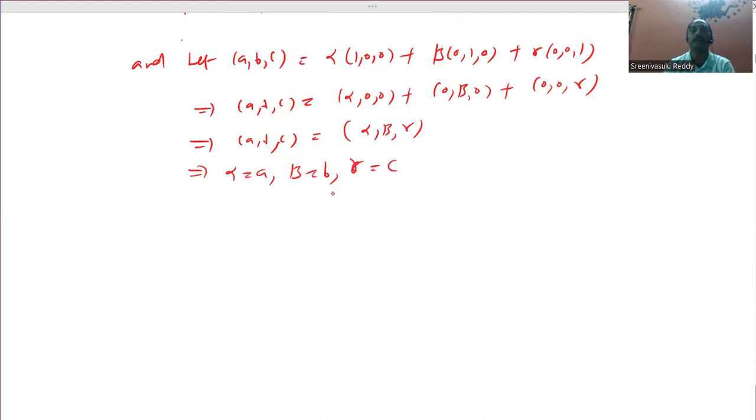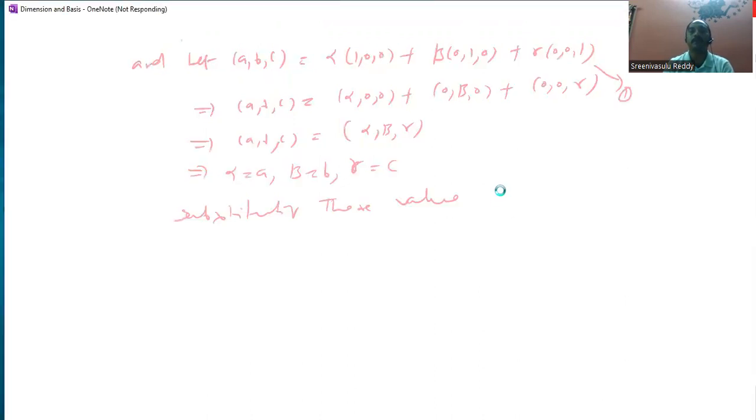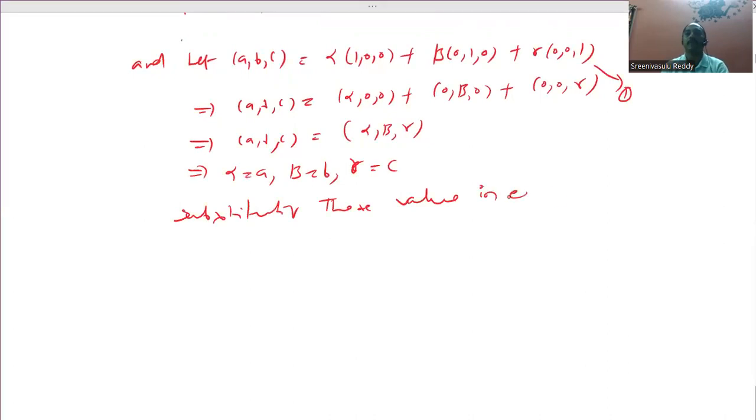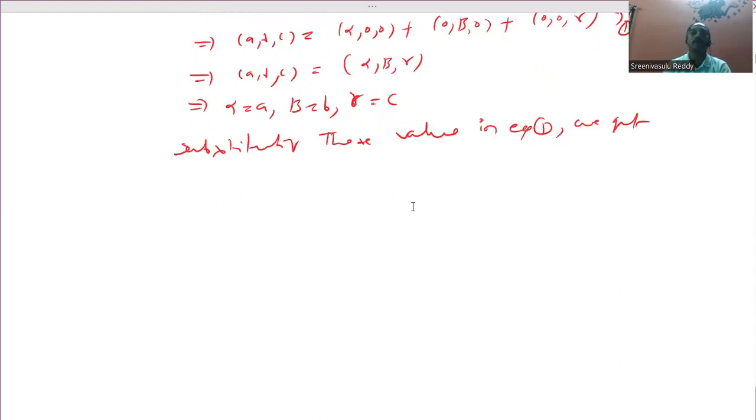Substituting these values in equation 1, we get A, B, C equal to A times 1, 0, 0 plus B times 0, 1, 0 plus C times 0, 0, 1.